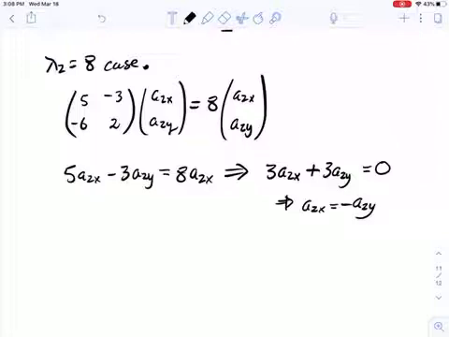Okay, and then the second equation, if we work with the second row of our T matrix, is minus 6a2x plus 2a2y is equal to 8a2y.